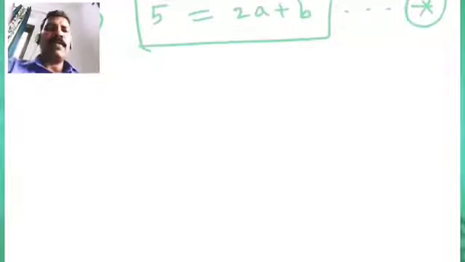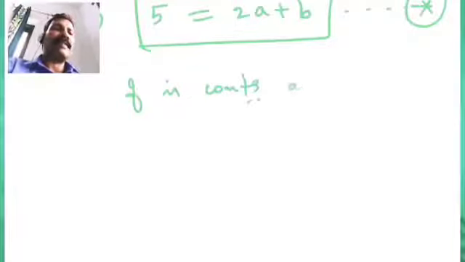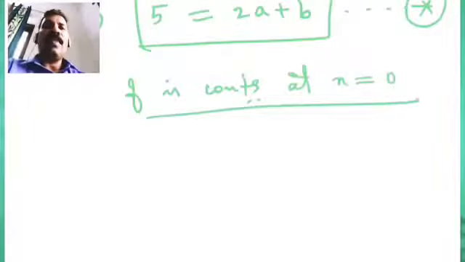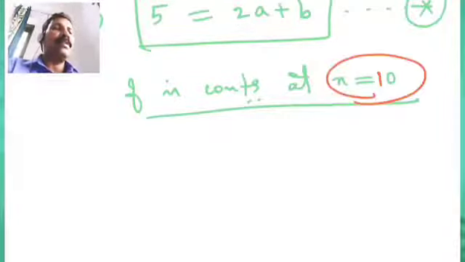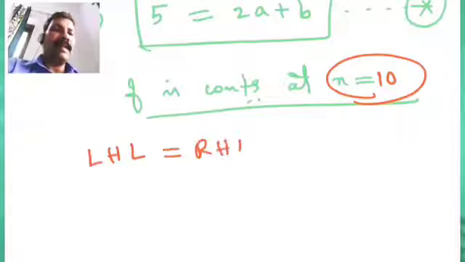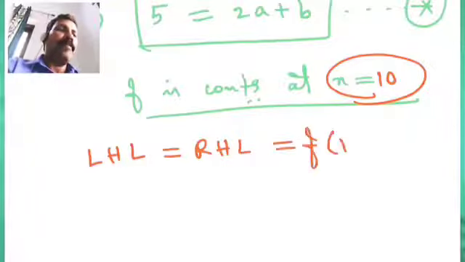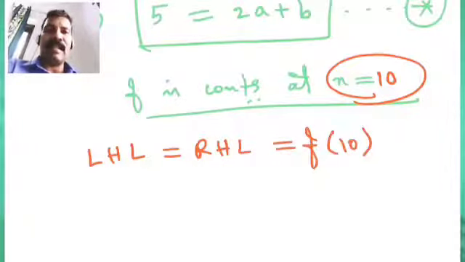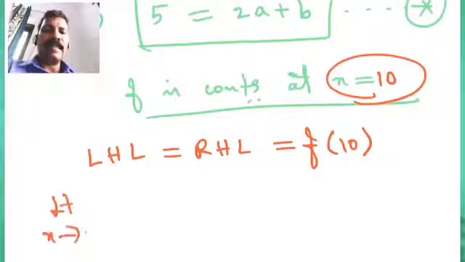Similarly, we know the function f is continuous at x equal to 10. What do you mean by this? When a function is continuous at x equal to 10, the left hand limit is equal to the right hand limit is equal to f of 10, the value of the function at x equal to 10. That is limit as x tends to 10 minus of f of x.